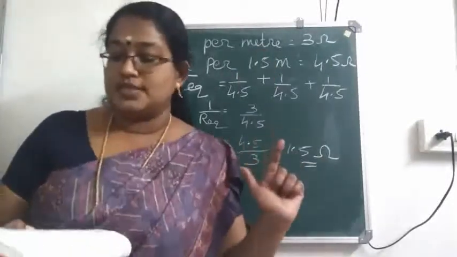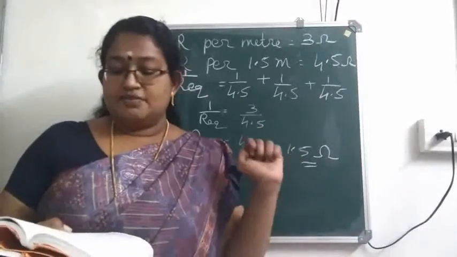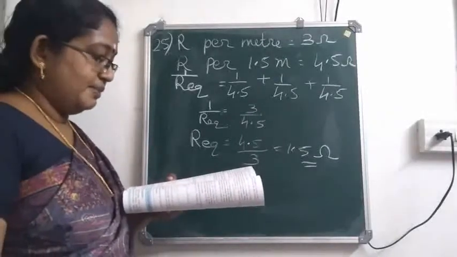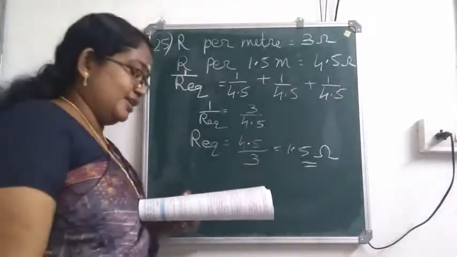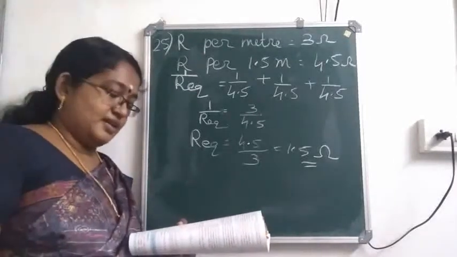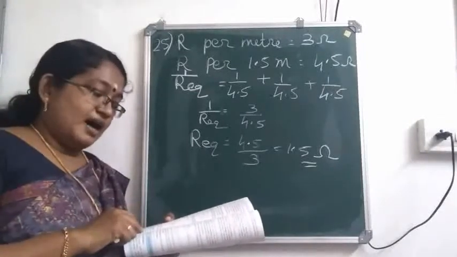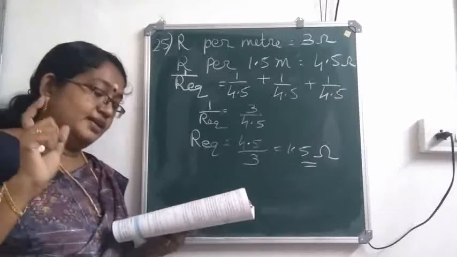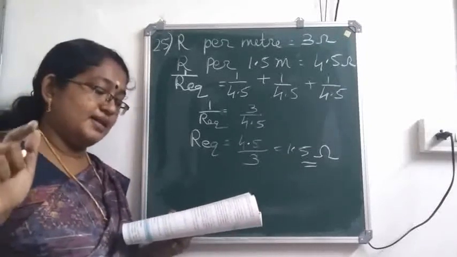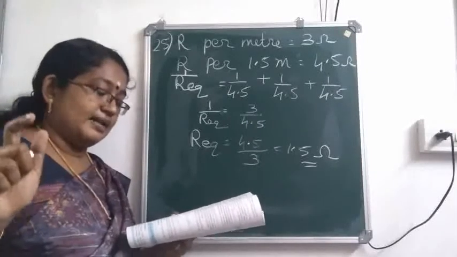Now we will move to the second question. Potential difference of the battery which gives a current of 2 ampere in each of the 1.5 meter length when connected in parallel to the battery. So, what is the potential difference? V equal to IR, and here they have asked about the potential difference of the battery which gives a current of 2 ampere in each of the 1.5 meter length when connected in parallel to the battery.